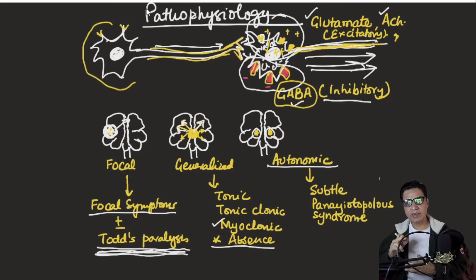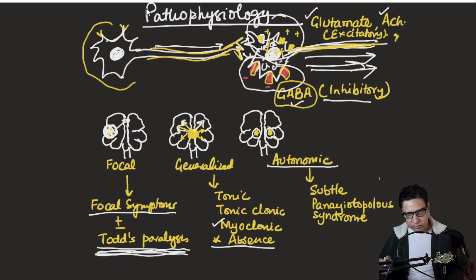So either an increase in glutamate and acetylcholine receptor activity, or a decrease in the inhibitory receptor activity, both would lead to the same effect. Both would lead to generation of abnormal impulses, and that's how an abnormal impulse, once generated, can propagate down a number of neurons, leading to seizures.